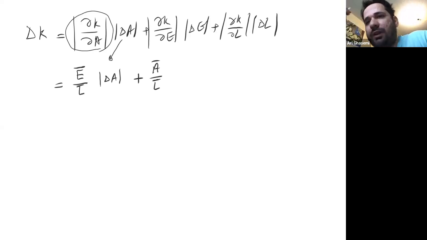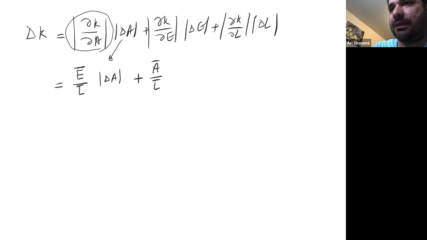And because A is always positive, I don't put absolute value, because have you ever seen an area that is negative? The black hole. So area is always positive, length is always positive, so I don't put absolute value here. Okay? And don't forget that there is already absolute value of delta E.